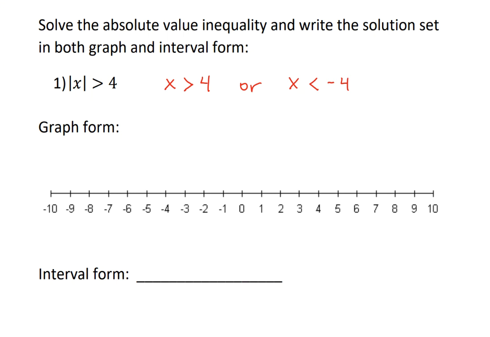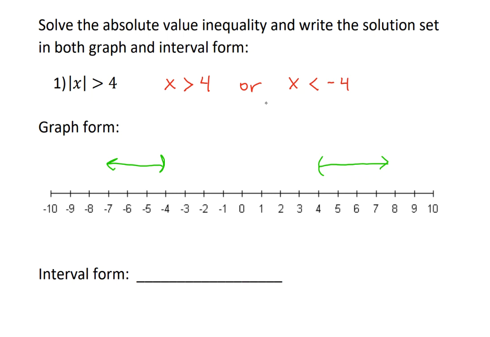So if I were to look at the graphs of these separately, x is greater than 4, we would use a parenthesis on the number 4 and go to the right. And x is less than negative 4, we would use a parenthesis on negative 4 and go to the left. These are not connected. So if it were and, we would not have anything that's connecting each other.